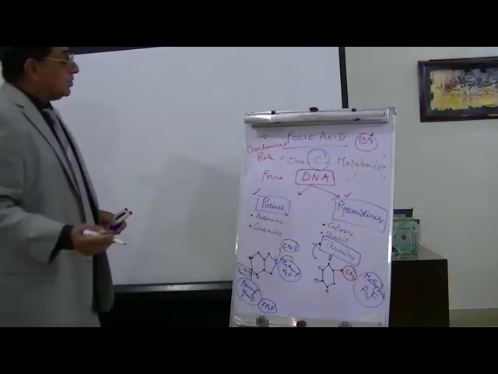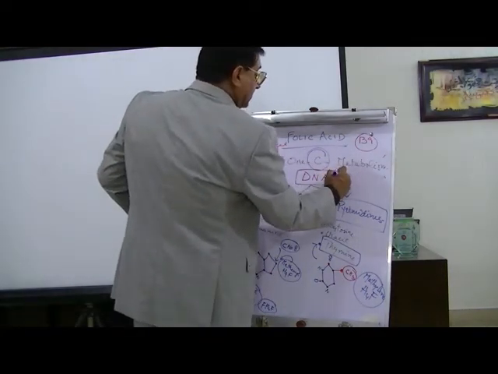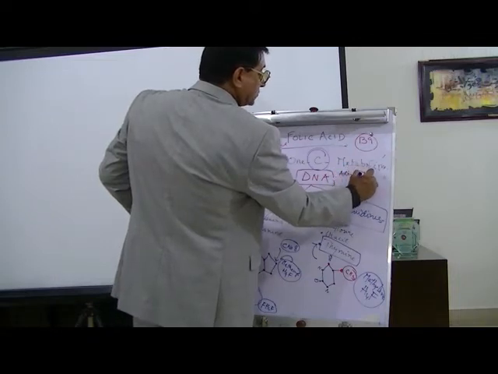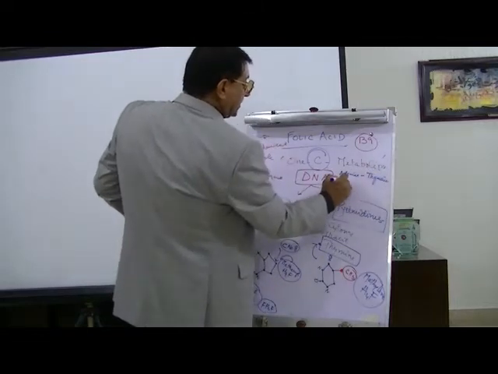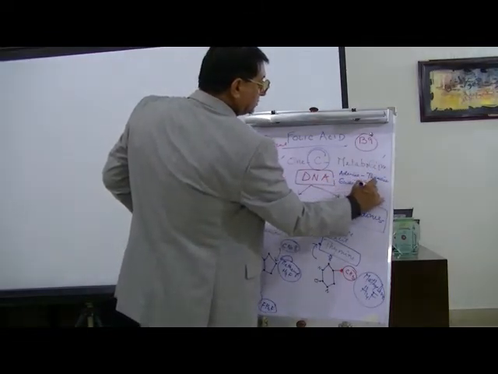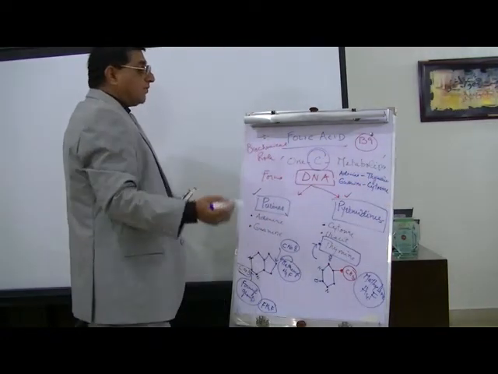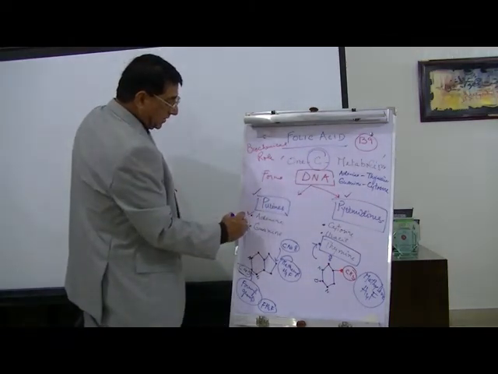When a DNA contains adenine attached to thymine, and it also contains guanine attached to cytosine, for DNA you must have adenine and guanine.